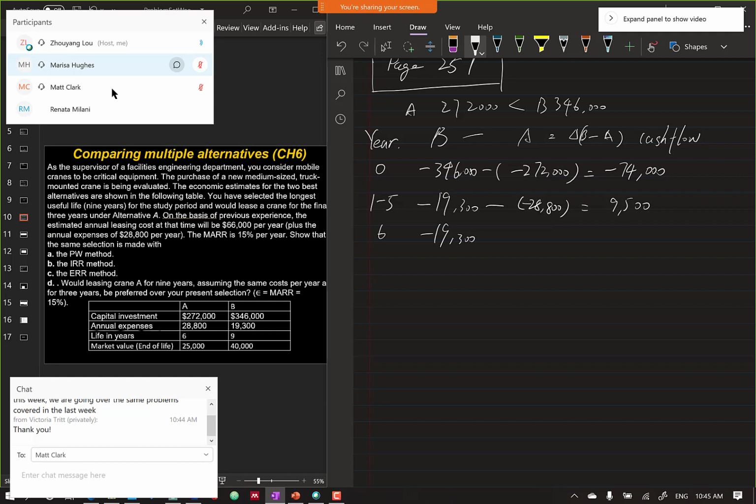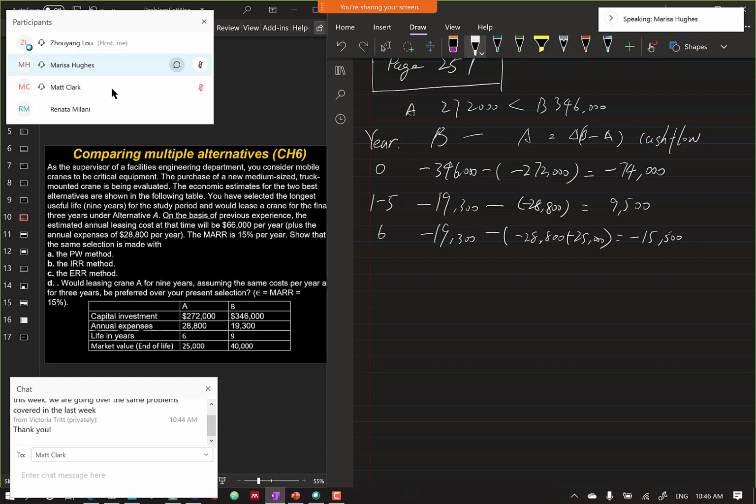But for A, that will be the annuity at the 6th year, that's 28,800, and the market value. So this market value would be 25,000. And we have this plus. That's the net cash flow for year 6. And that would be minus 15,500.